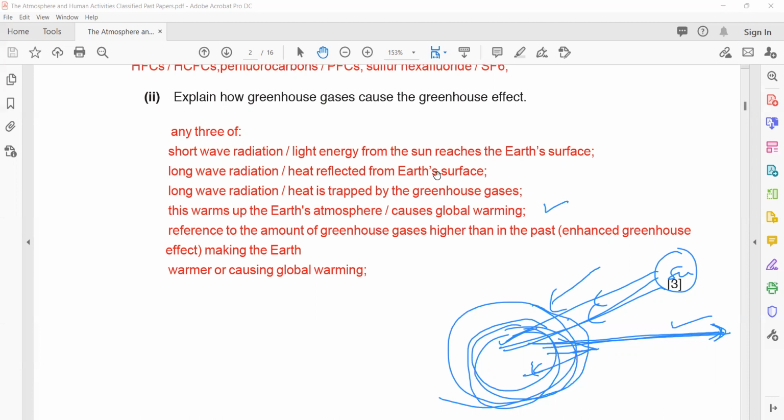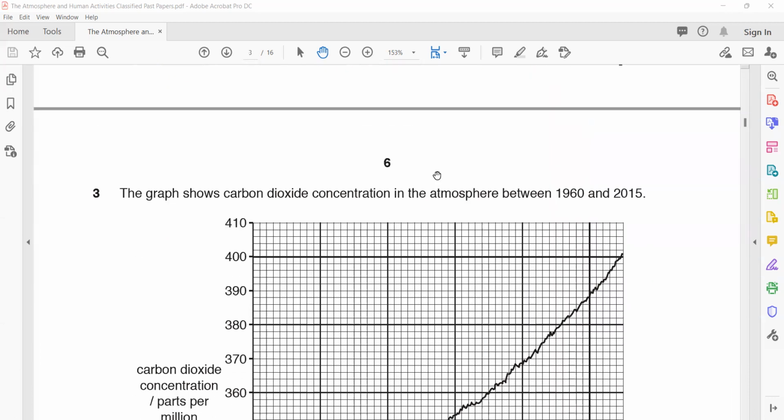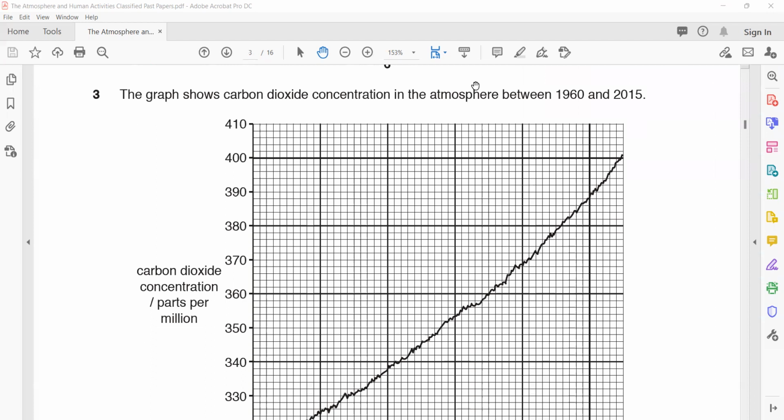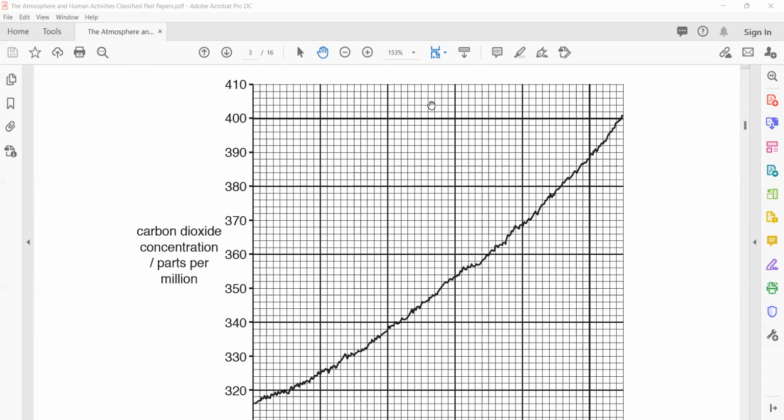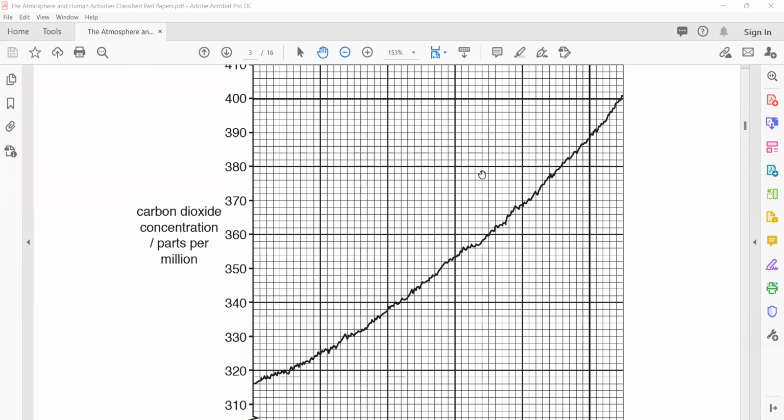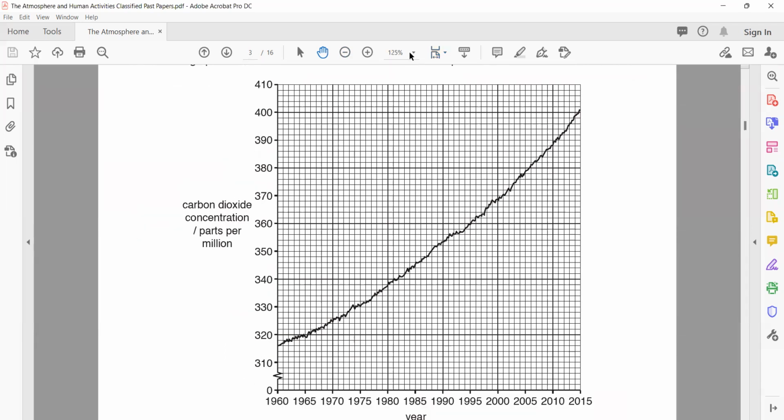Yes. Okay, now next question. There is a graph that shows carbon dioxide concentration in the atmosphere from 1960 to 2015. So it is telling how much carbon dioxide is present in the atmosphere. If you see the graph, on this side it is parts per million.